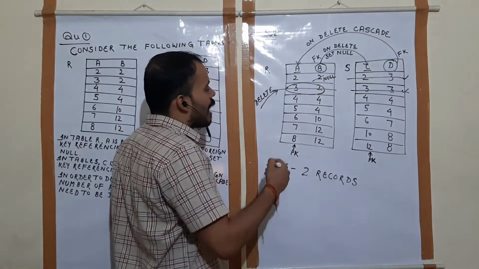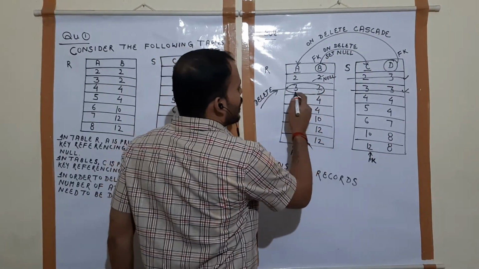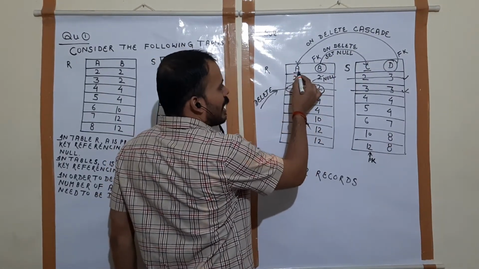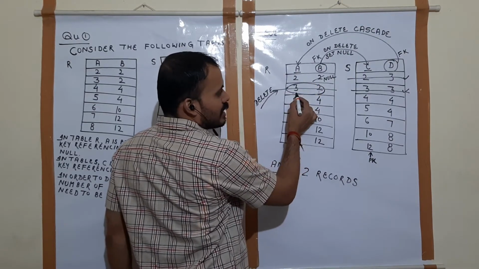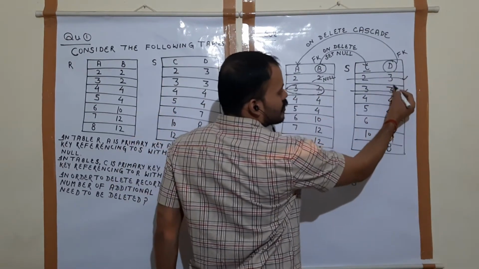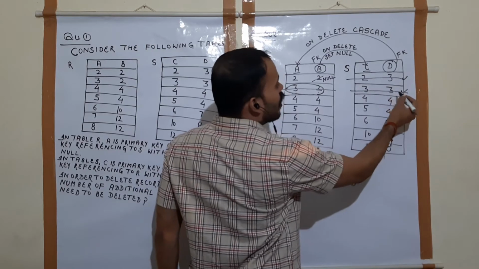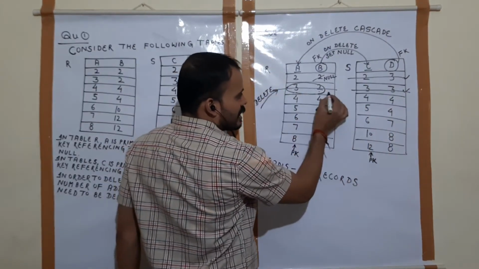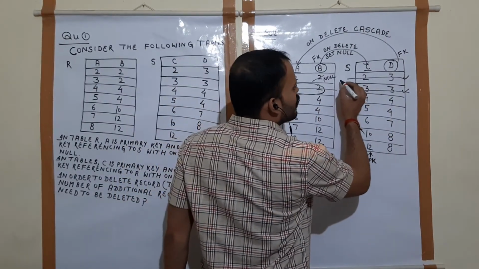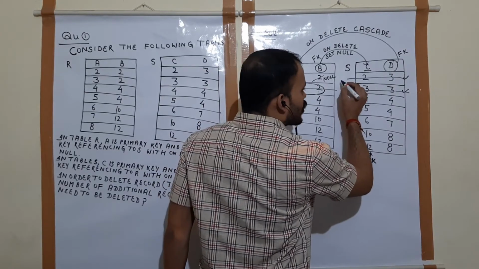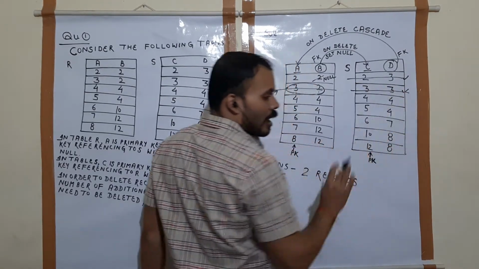If I delete 3 2, the primary key value is 3, and the foreign key value is 2 in two records. So if I delete this record, we also need to forcefully delete these two records.